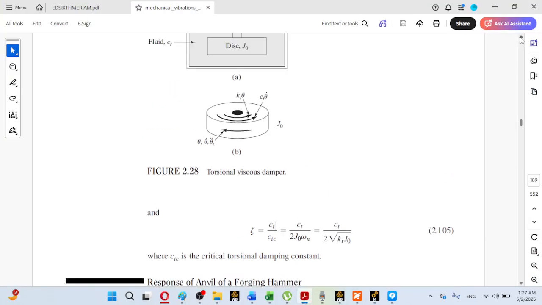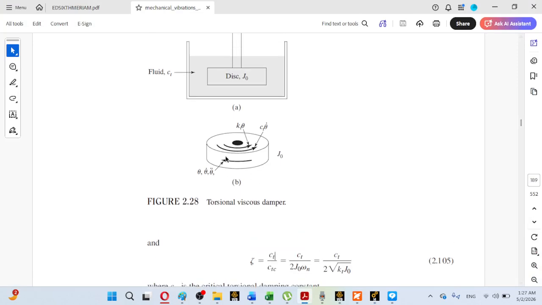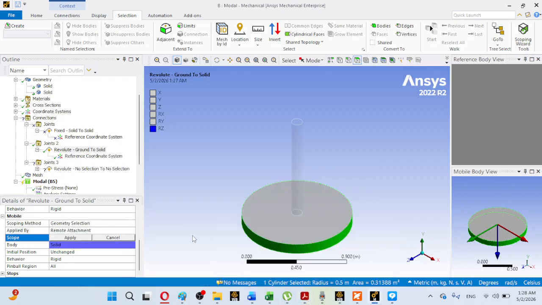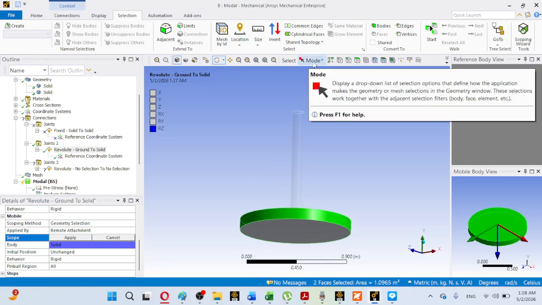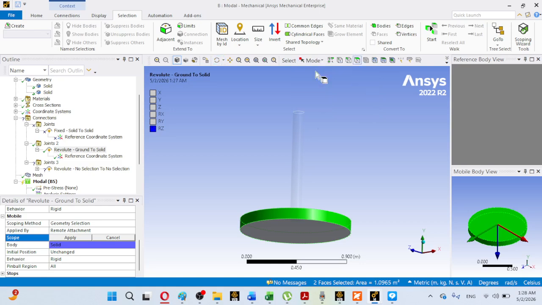You will not be obtaining different results if you select this face and the bottom face, means a total of 3 faces. For the multiple face selection you will be clicking on, for example, this face, and then pressing the control button and this face, and here you can just rotate it like this, and after that you will be clicking on mode and single select, and then press the control button again and select this face like this.